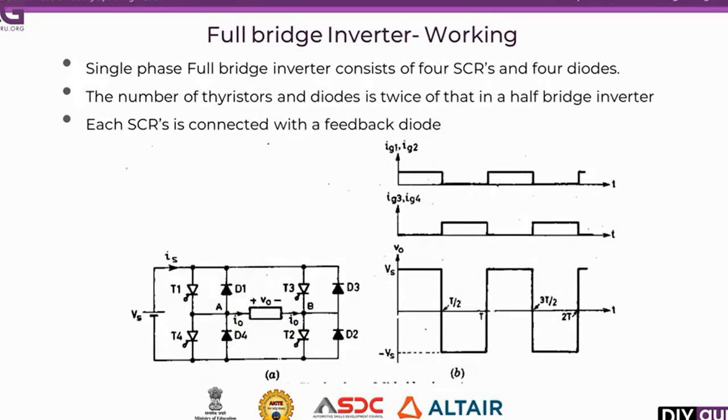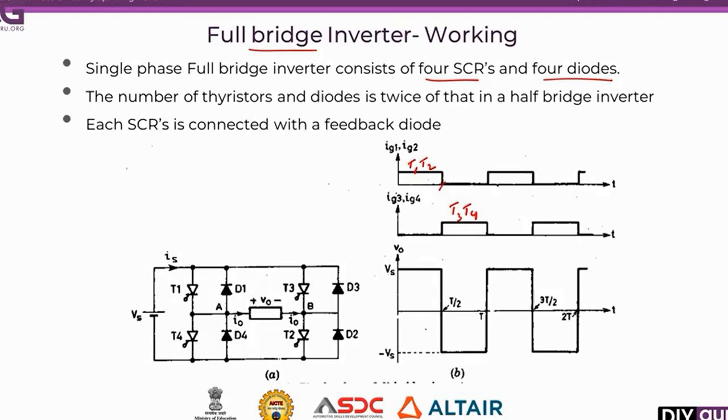Now we will see the working of the full bridge inverter. In the full bridge inverter, we will be using 4 thyristors and 4 feedback diodes. Thyristors T1 and T2 are triggered here, and thyristors T3 and T4 are triggered here.